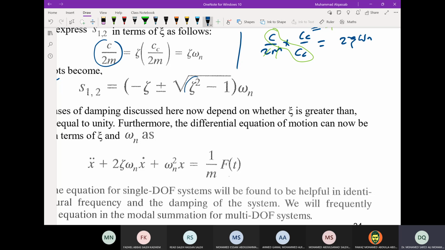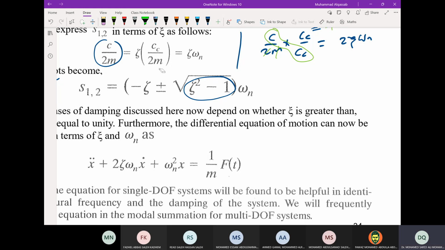So if zeta is less than 1, this is underdamped. If zeta is greater than 1, this value is positive, which means overdamped. If zeta equals 1, this is repeated, which means critically damped.